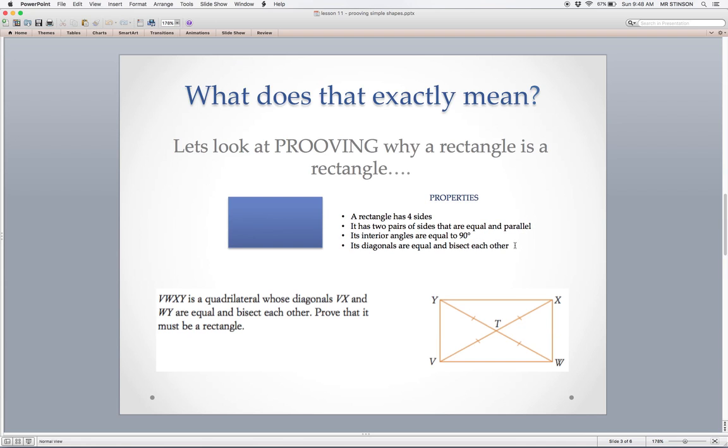And lastly, that its diagonals are equal and bisect each other, and happily, we've actually been told this. We would look at them and say, okay, to prove that this is actually a rectangle, we would need to find ways of showing the two middle properties, these two here. Now we're going to go over this in class. I'll show you the actual proof on the next page and you can have a quick look at it, and we'll go over it more when I see you next.